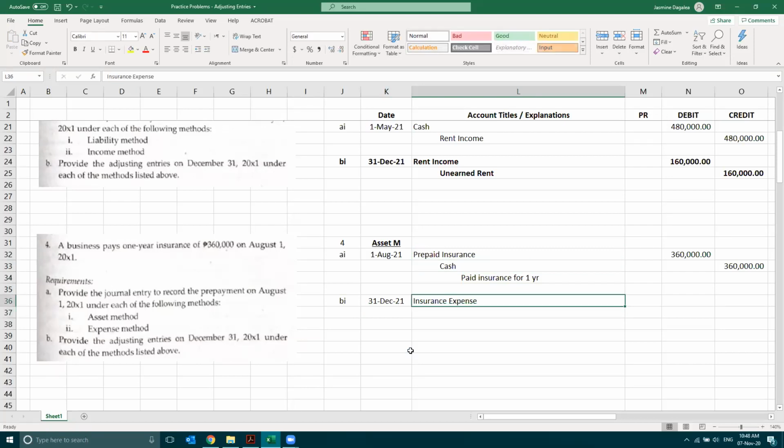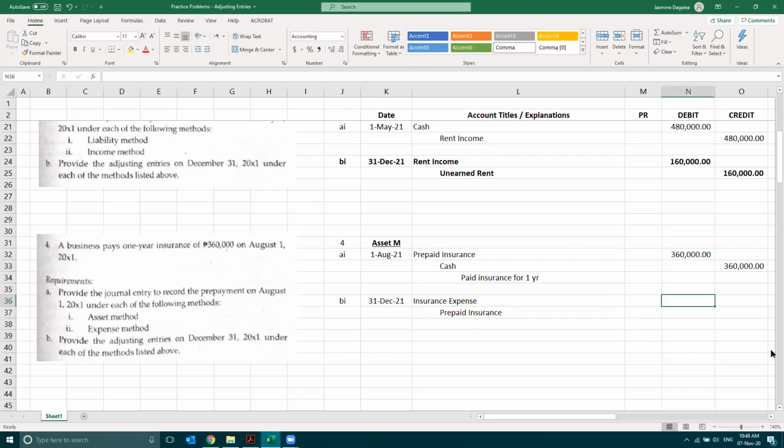How much? 150,000, since 5 months. How do you compute? 360,000 divided by 12, times 5, from August to December: August, September, October, November, December.